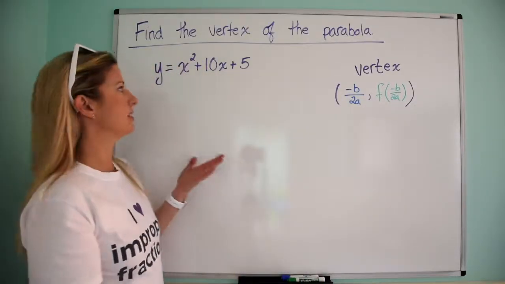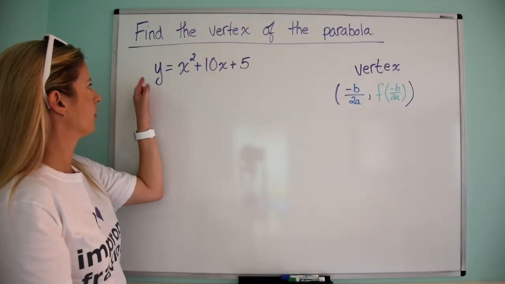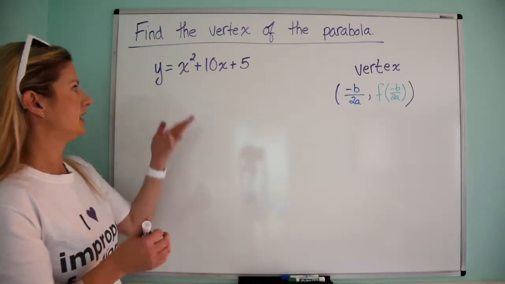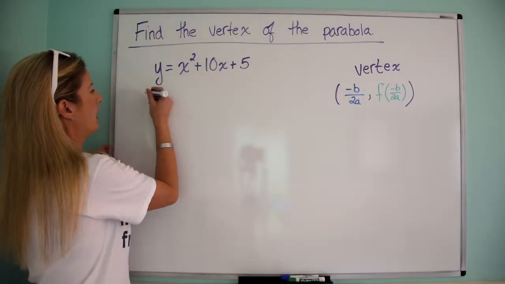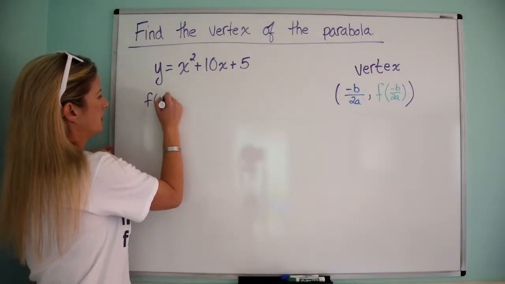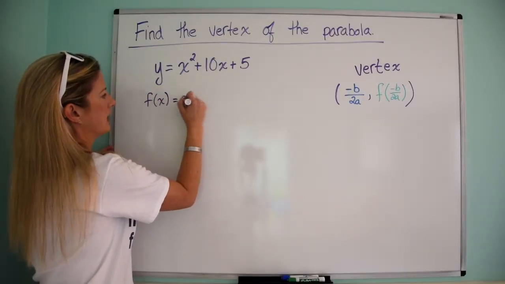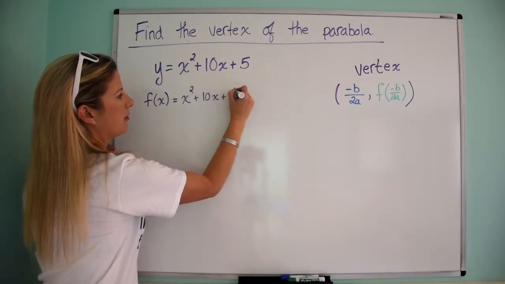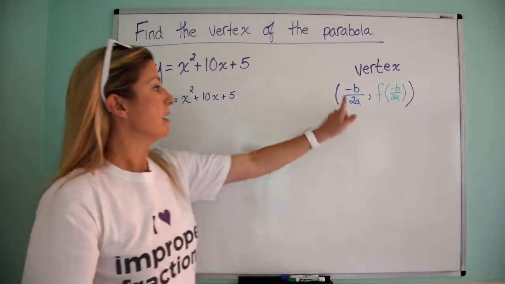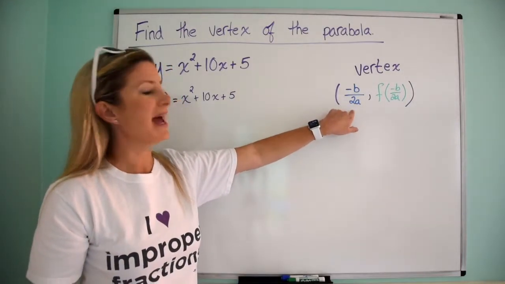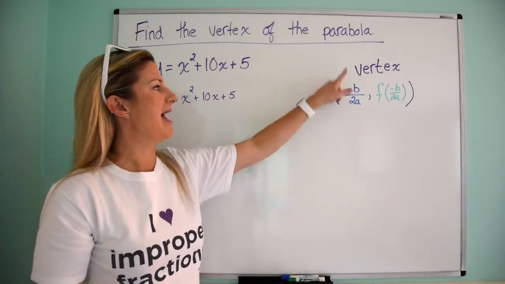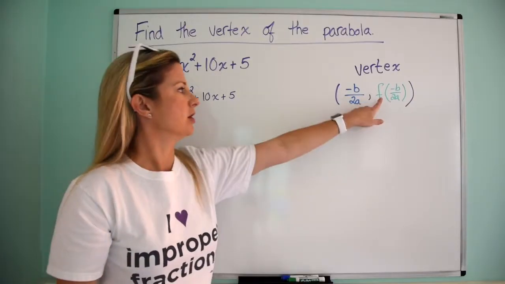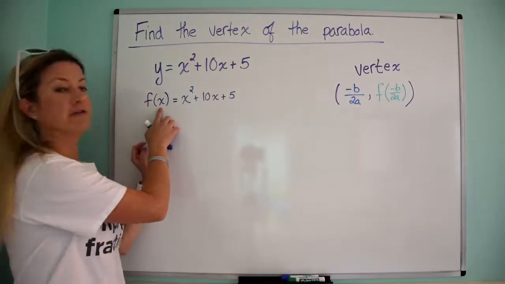So what I recommend doing is, if you have it in the form y equals x squared plus 10x plus 5, replace the y with an f of x, and then equals x squared plus 10x plus 5, because that will help you understand better what you're doing. Basically what you're doing is you're finding the x coordinate of the vertex, and then whatever number you get, you're plugging it into the function for x.